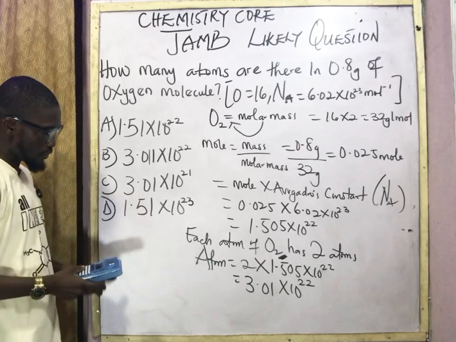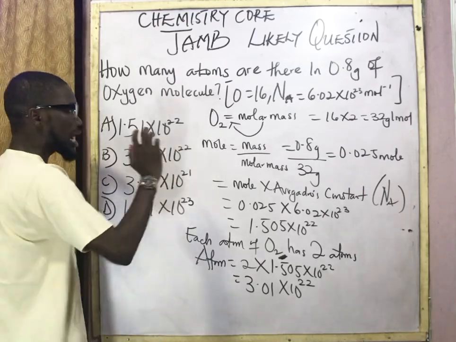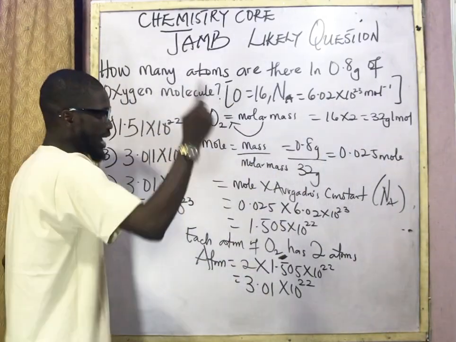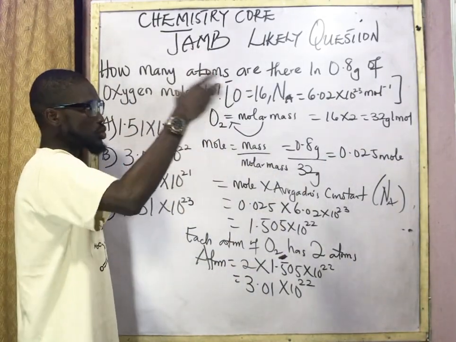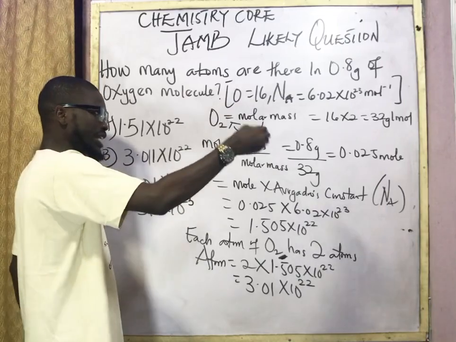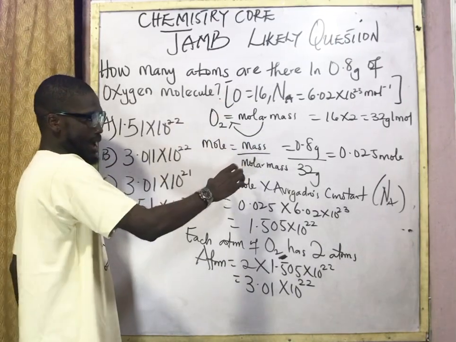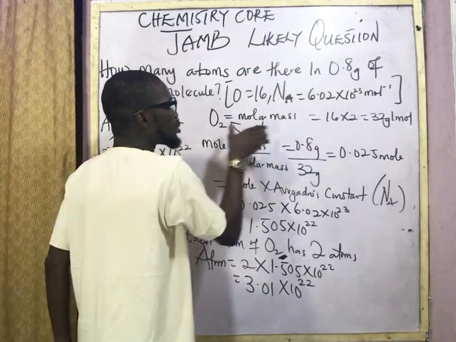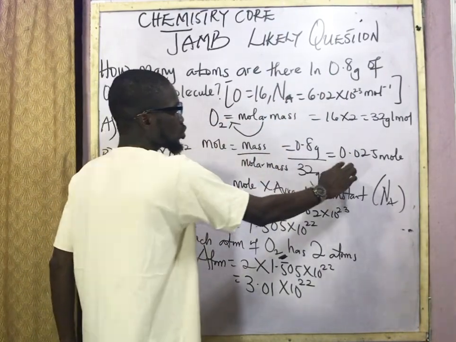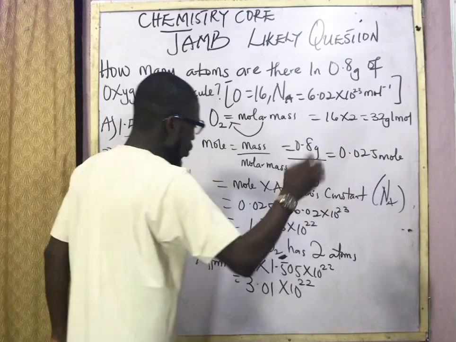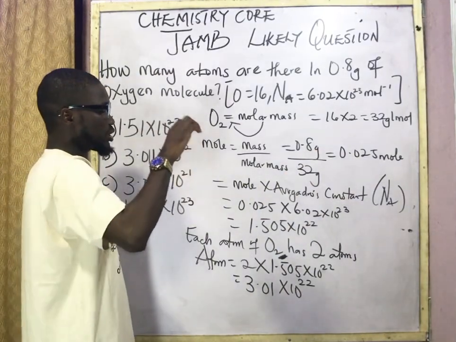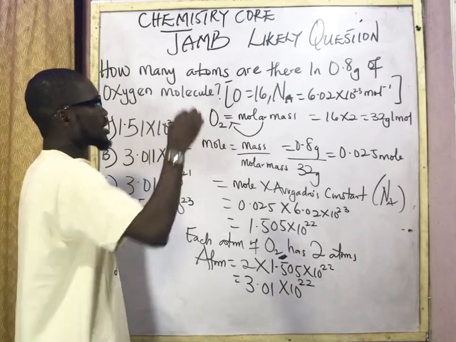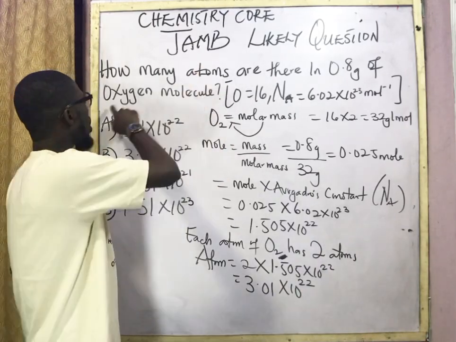Let's go back to what we have solved now. The first thing you are going to do is calculate the molar mass of the oxygen molecule. We have 32 gram per mole. Now, for us to have mole, we employ the formula mole equals mass over molar mass, and our mass is given to be 0.8 gram divided by the molar mass of oxygen. That gives us 0.025 mole. Now, look for the number of atoms.